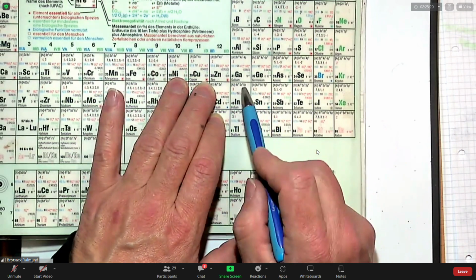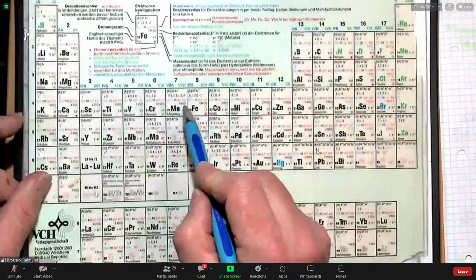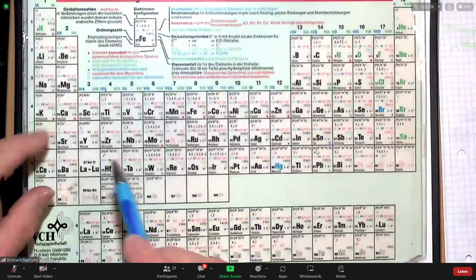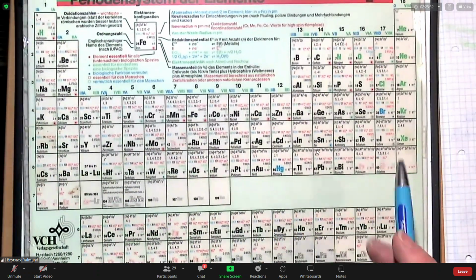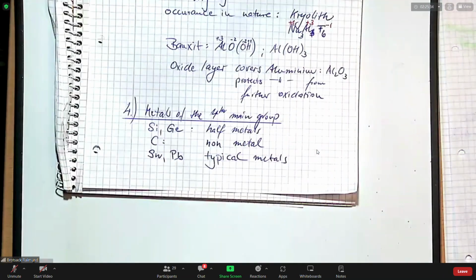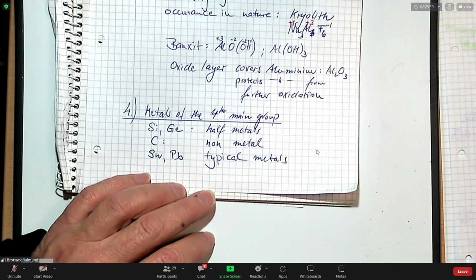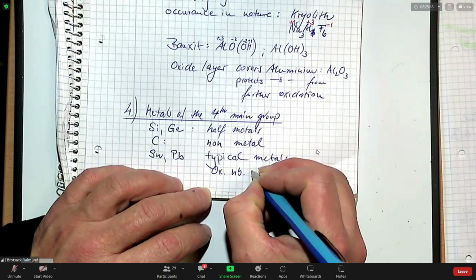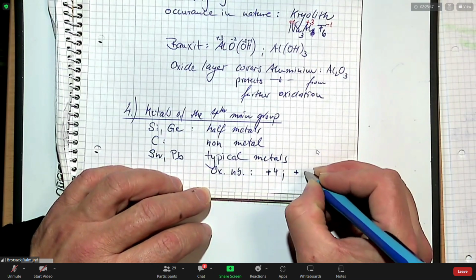So +2 leads to the full d orbitals. +4 leads to full s. Even the s orbitals are away. So here we have those 2 oxidation numbers possible, +4 and +2.